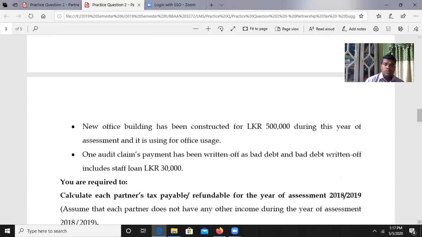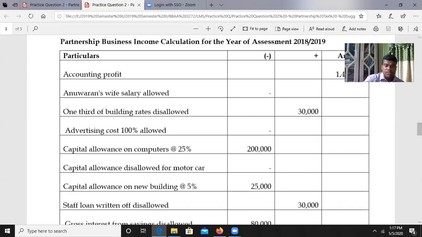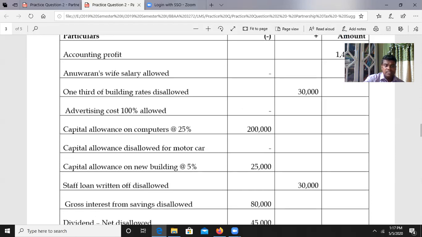So according to the 2017 act, you can see that the capital allowance percentage for the building, which is 20 years, that means 5%. So 500,000 is eligible for the capital allowance. Capital allowance on new building at 5%, 500,000 into 5%, which is 25,000, can be deducted from the accounting profit.